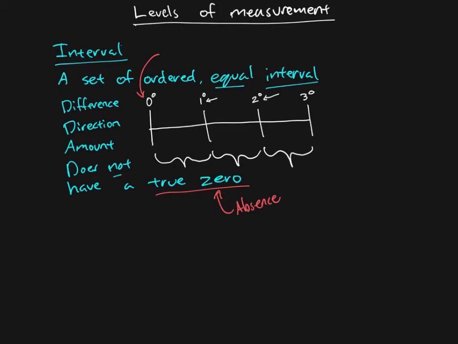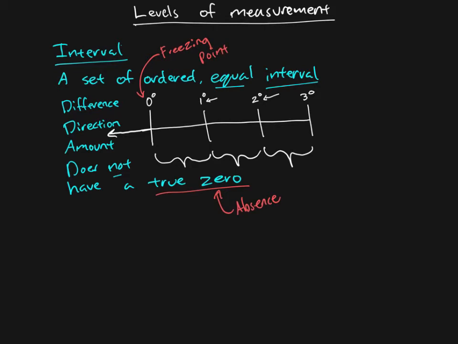So we know this scale continues down here to the left, and we start getting -1 degrees, -2 degrees. So this cannot be a true zero. This cannot indicate an absence of any kind of temperature. Instead, on the Celsius scale, this indicates the freezing point of water.